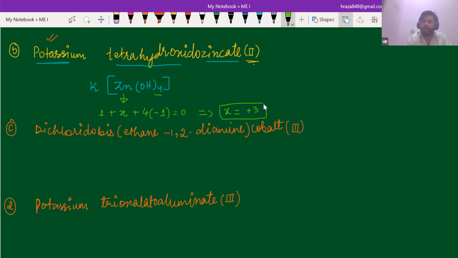But in the question, it is given that it should be +2 oxidation state. So what you need to do is just increase the positive sign, K2. And if you solve the oxidation state again, you will get +2. So this is the correct oxidation state.